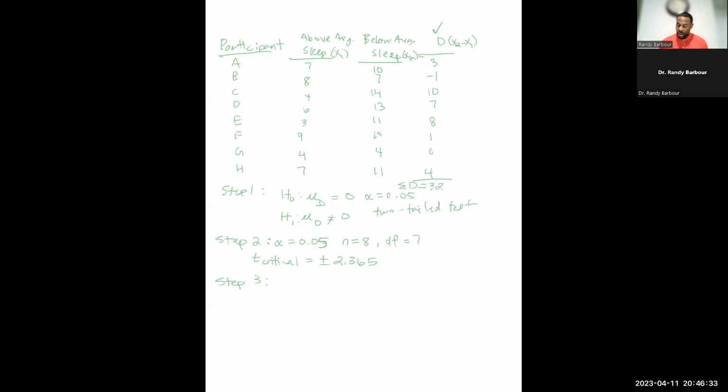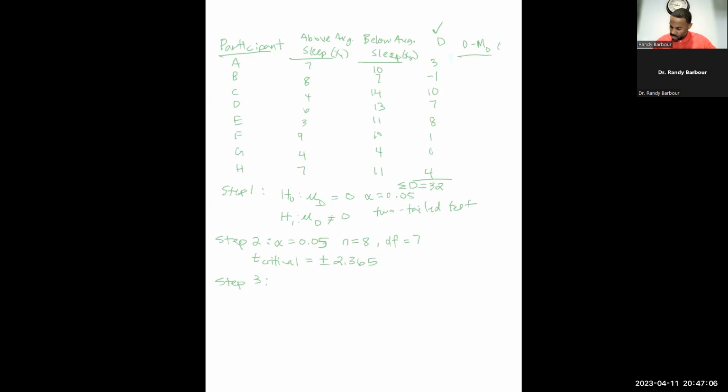Okay. And then what we're also going to do, I want to do our sums of squares as well. Okay. So I'm going to make some room over here. Okay. So then we're going to do D minus the mean difference. And then we're going to square that. Let me move this over a little bit.